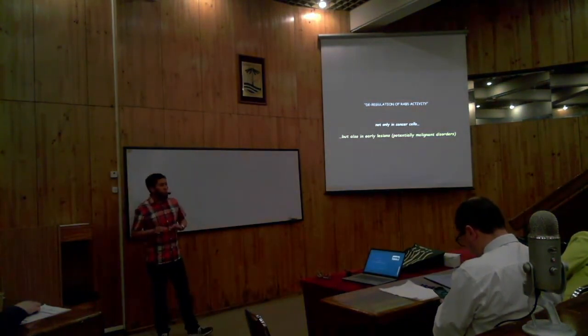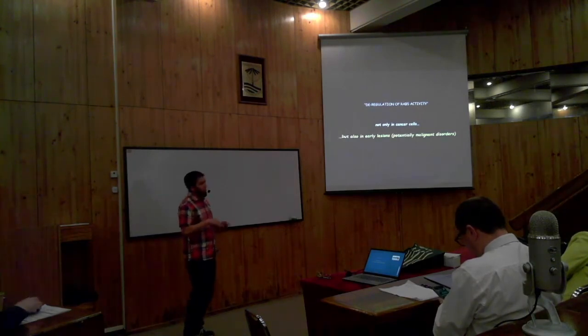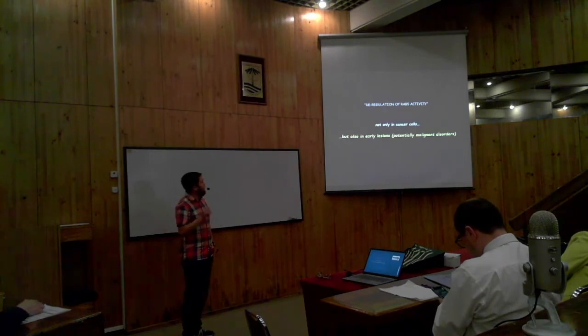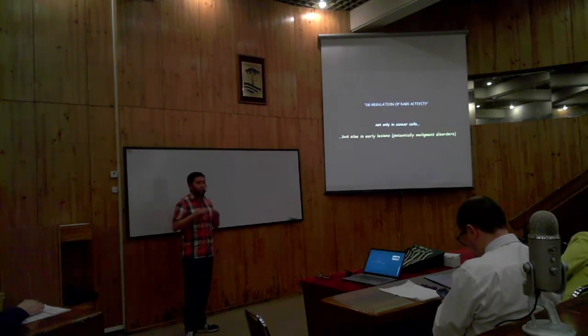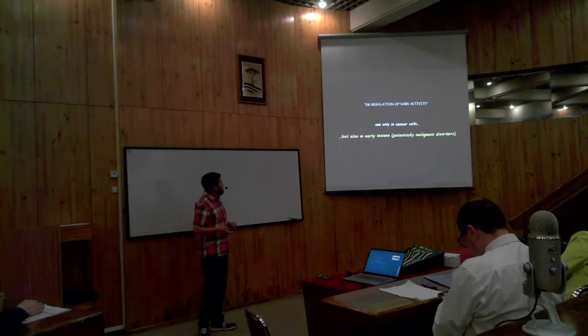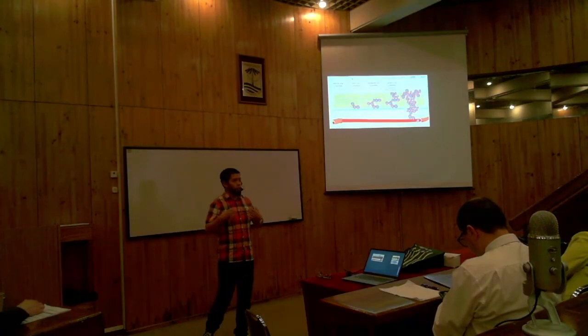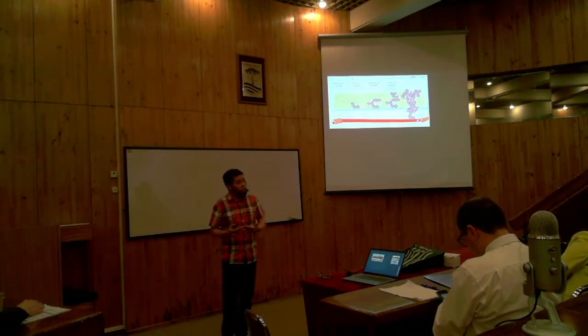To finish up my presentation, I'd like to refer to this model. In my opinion, the deregulation of Rab5 activity is not only taking place in cancer cells. We have evidence that this phenomenon occurs in early lesions, which are referred to as potentially malignant disorders. And to this end, I'm going to refer to oral carcinogenesis in the progression towards oral cancer.